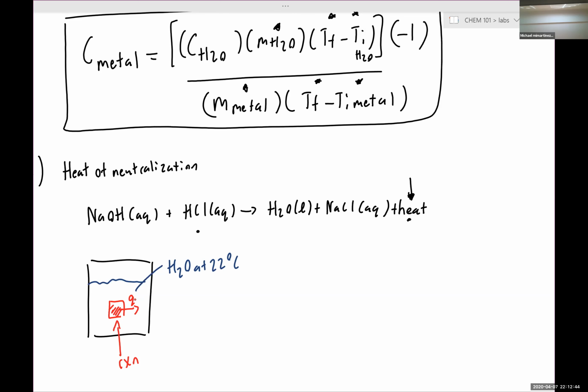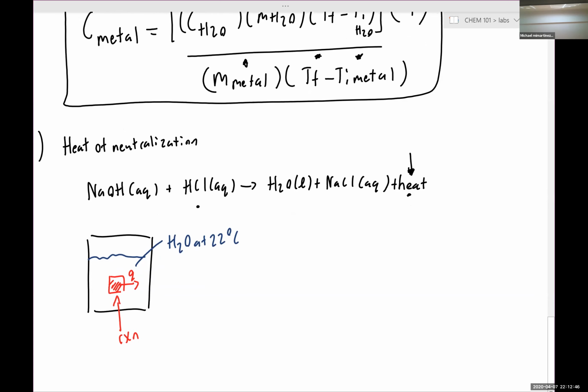So then, by conservation, we know that the heat of reaction plus the heat absorbed or released by our water is going to be equal to 0. Energy is conserved. So the water is going to absorb heat from the reaction, or it's going to provide heat to the reaction in the event that the reaction absorbs heat.